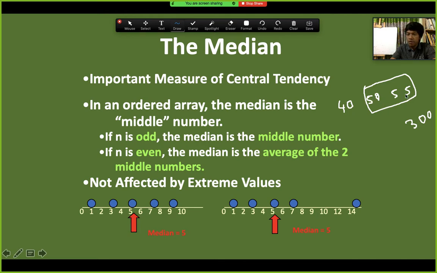So 50 plus 55, if you take the average, is 52.5k, which is actually a good representative of this data. We can say that the average income of the people of this locality is 52.5k, which is a good estimate. So this measurement, the median, is not affected by the outliers. This is a good advantage of the median.